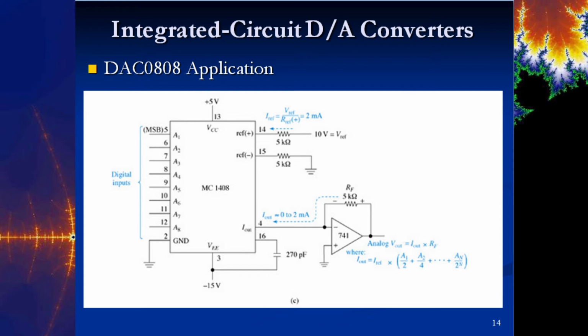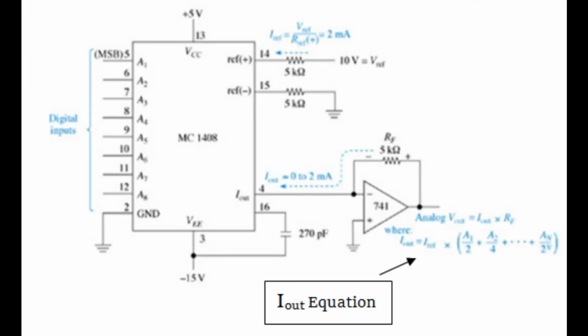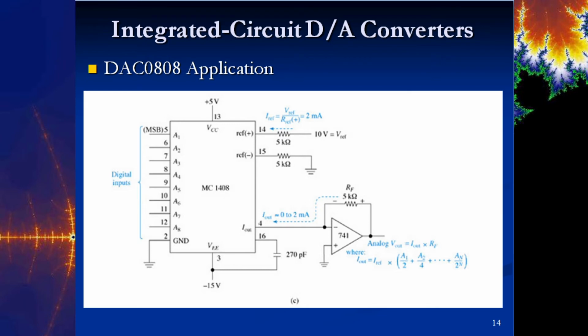That means if it's not at full scale output, if it's somewhere in between 0 and full scale, then you're going to use this equation right here. The output current of this MC1408 DAC application is going to be the reference, so 2 milliamps, times some portion of it.